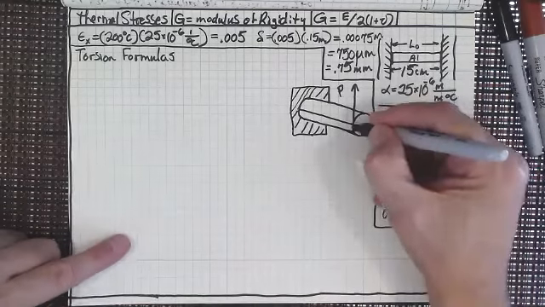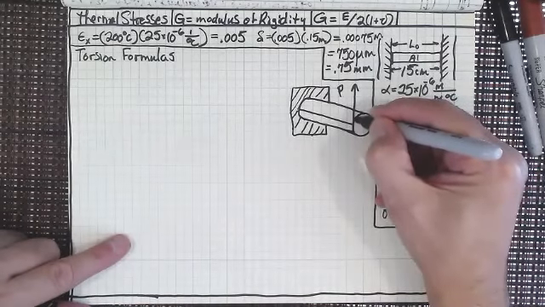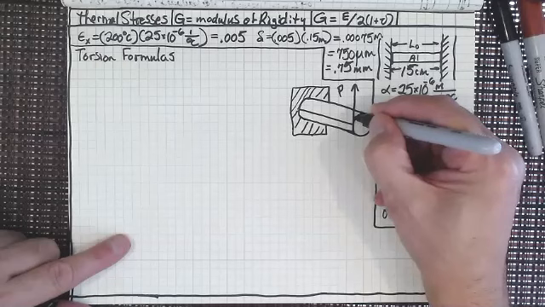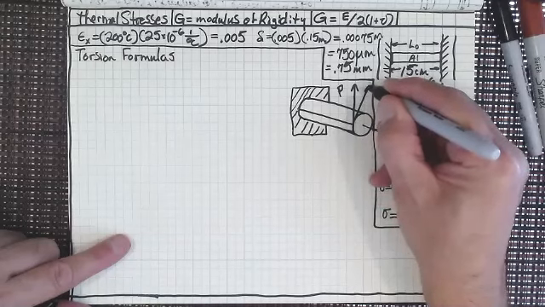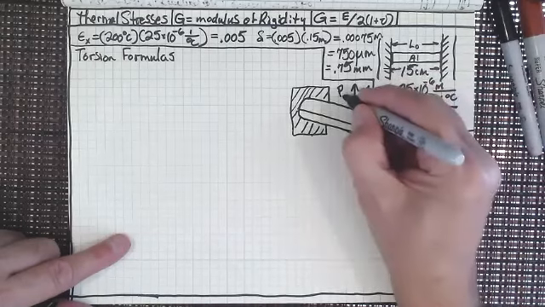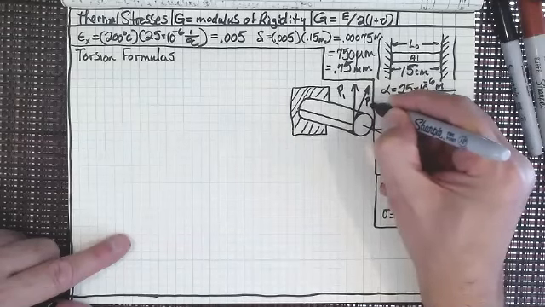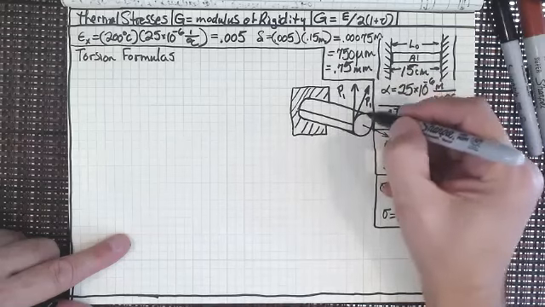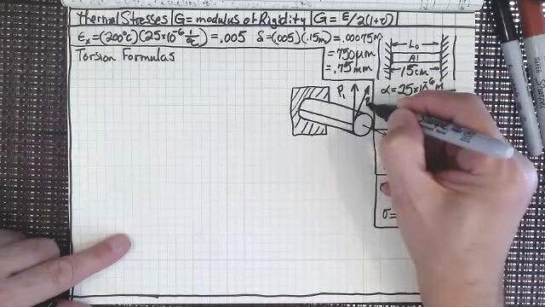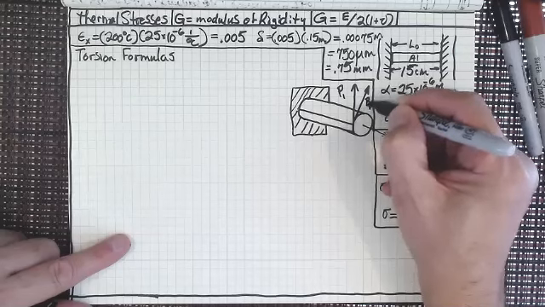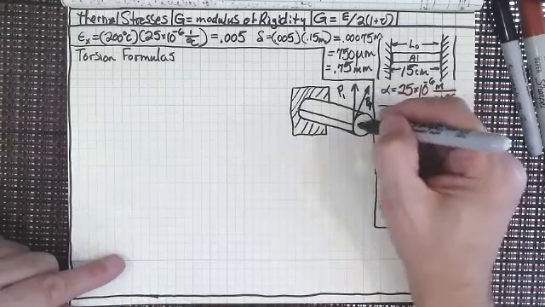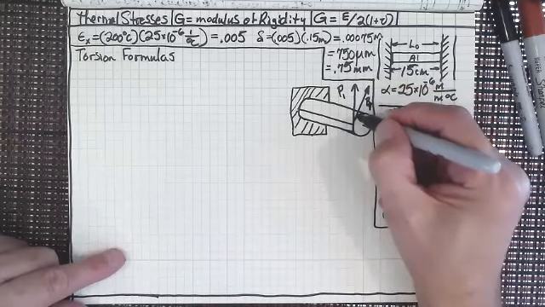So let's say that I've actually applied load P1, and it's caused it to rotate a little bit.